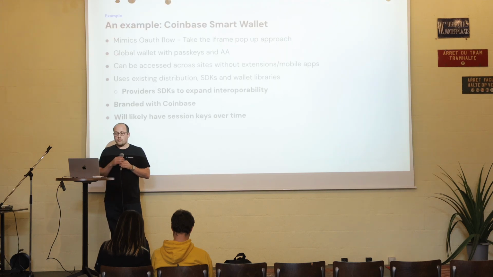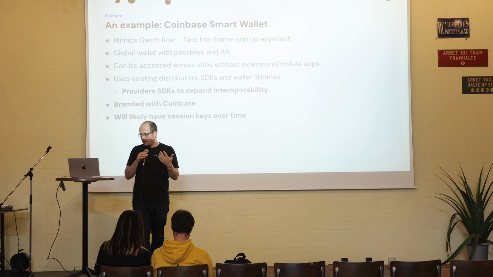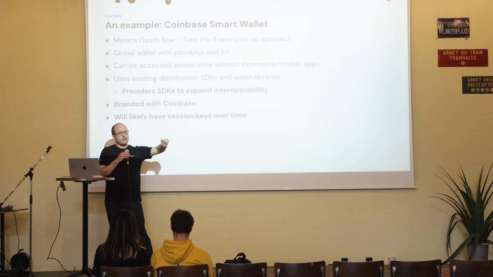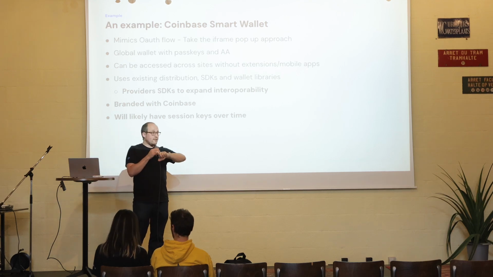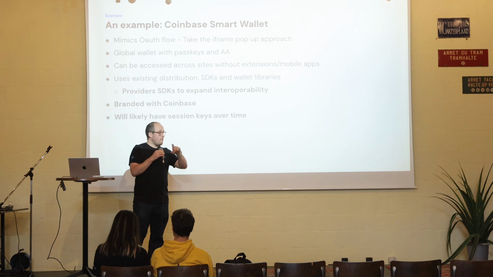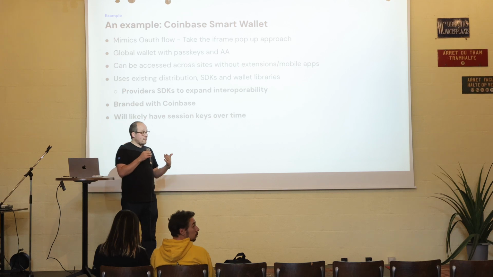And what they've done, which is really cool, is they mimic this OAuth flow, which is very familiar to users. And they distribute within their existing distribution of the SDK that Coinbase already supports and exists on all these sites like Magic Eden, Uniswap, OpenSea, etc. And let folks very easily just upgrade to the latest SDK version to access things.